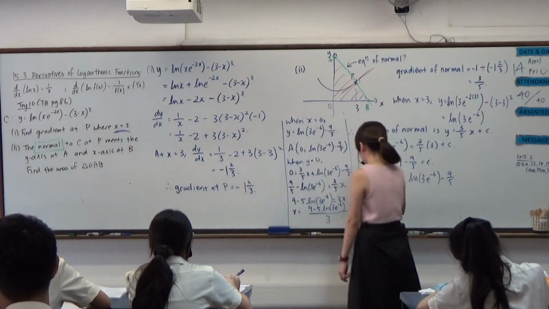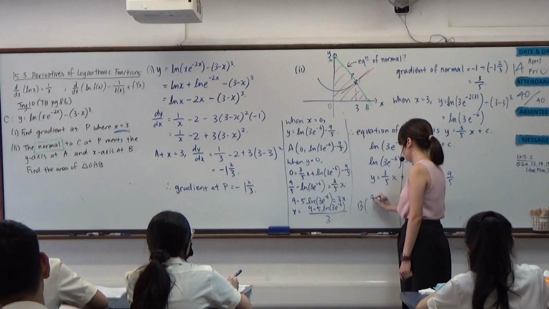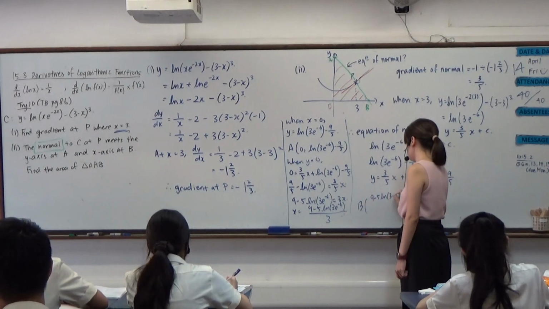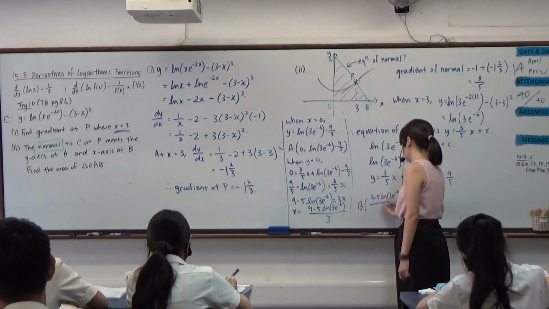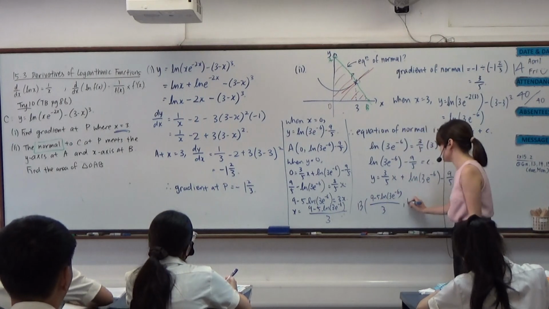So B is 9 minus 5 ln 3 e to the negative 6, over 3, 0.